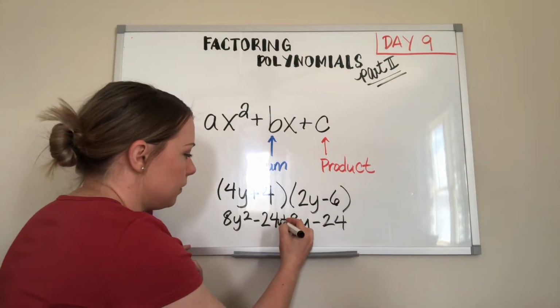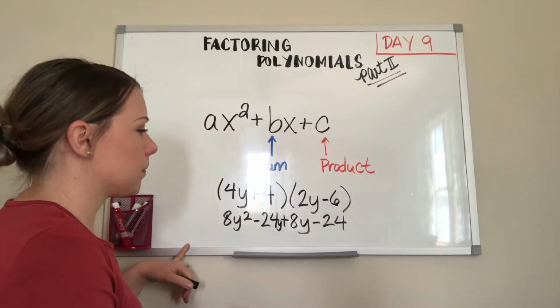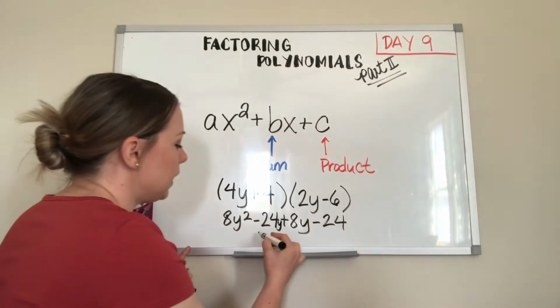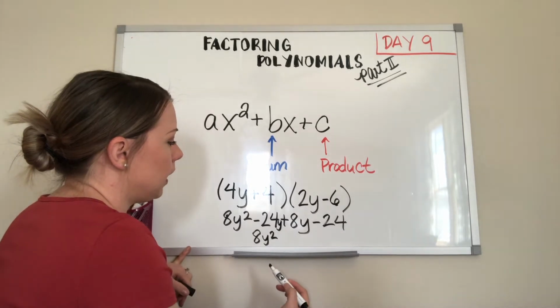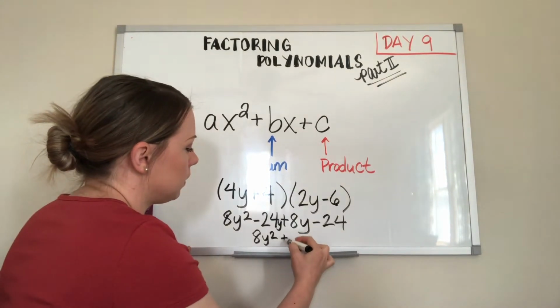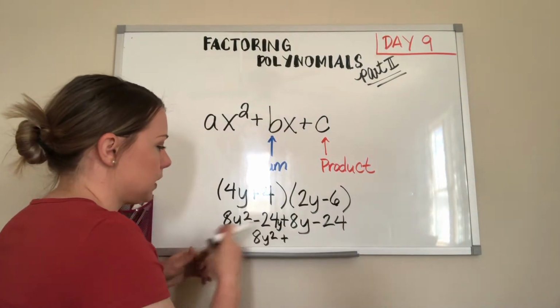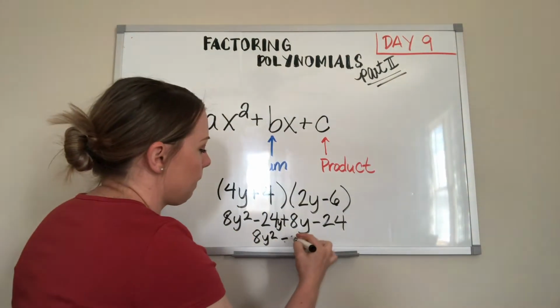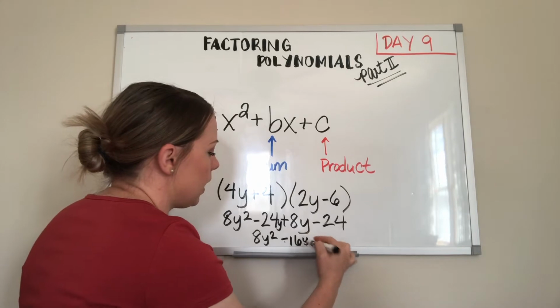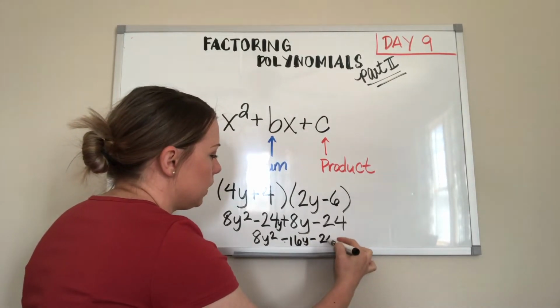That should have a y. All right, then I would combine my like terms and I would end up getting 8y squared minus 16y minus 24.